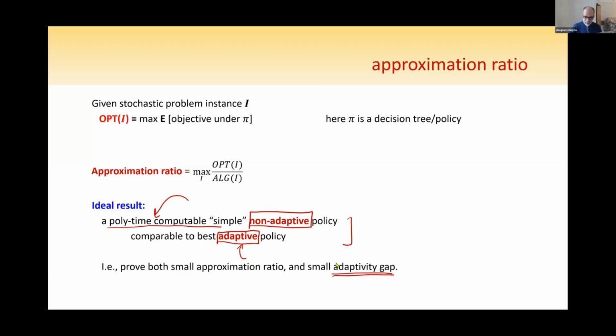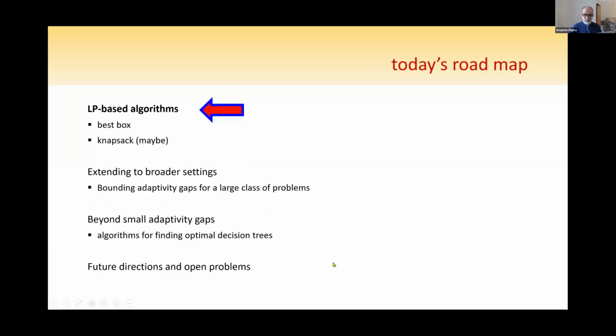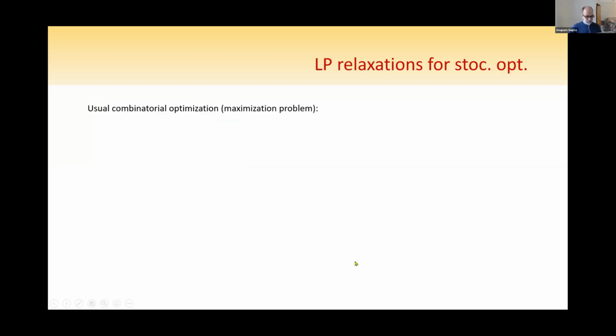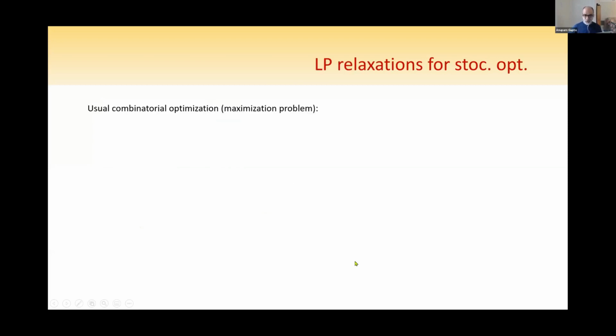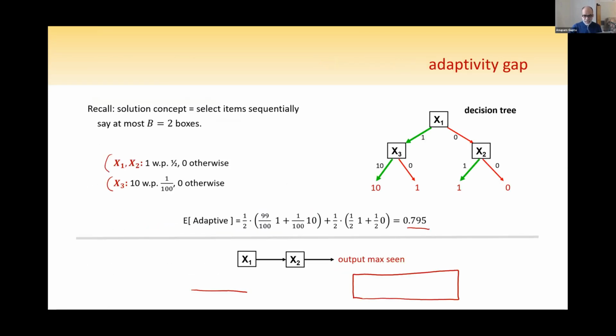Okay, enough with the preamble. Let me dive right in. Let me give you an algorithm that's going to work for good adaptivity for the B box problem. I'm going to use LP relaxations, linear programs. See, the thing is, I need to compare to the best decision tree.